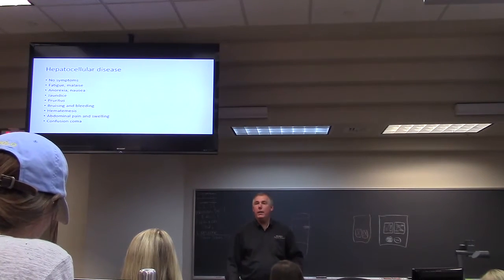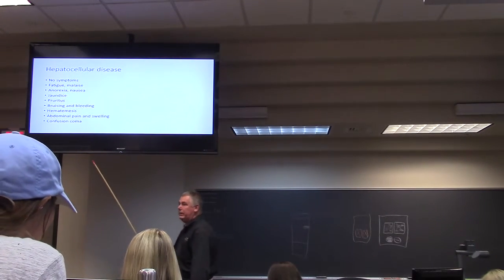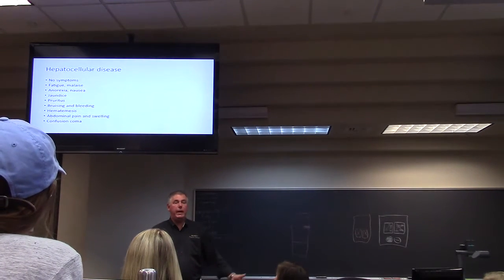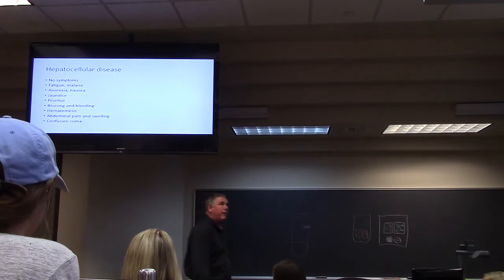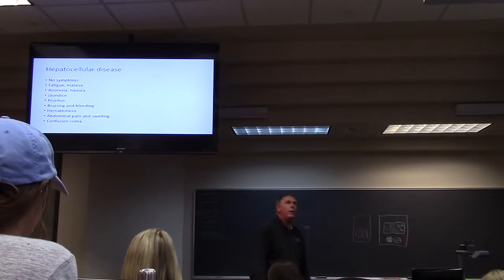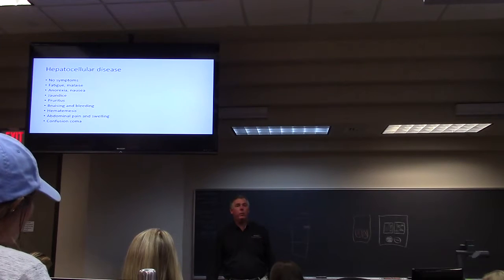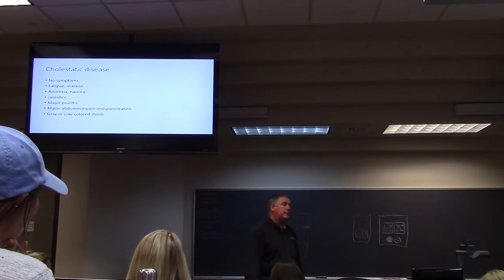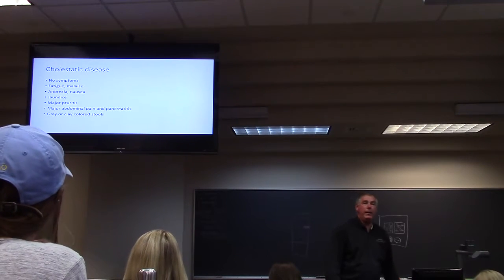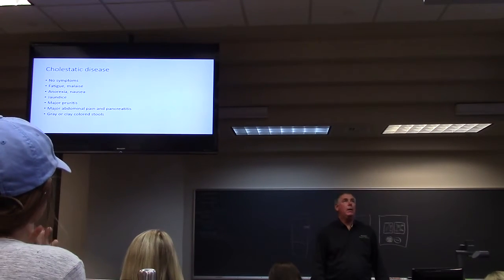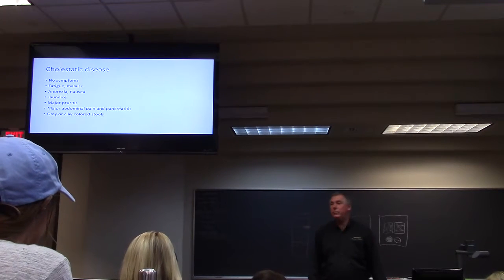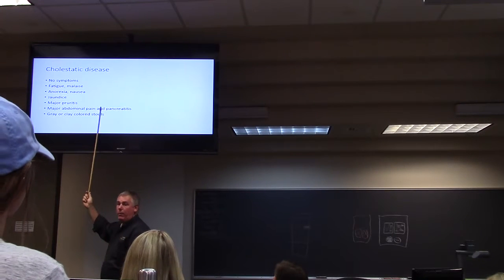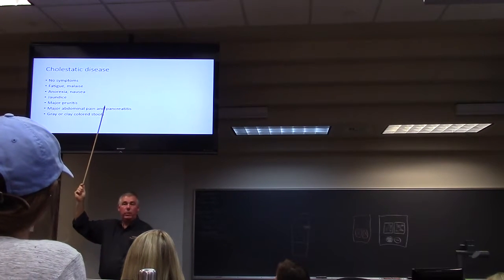And people can present with a whole host of symptoms ranging from no symptoms to dead from hepatic failure. We're going to talk about most of these as we go down through here. On the other hand, cholestatic disease of the biliary system, again, can go from no symptoms to gray or clay-colored stools, from obstruction from stone.